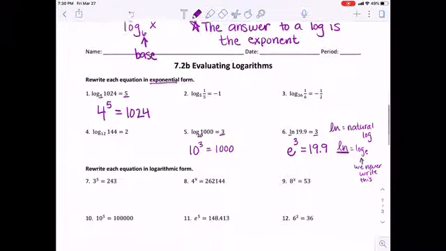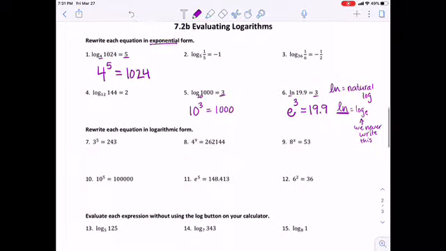In our next section, we've been asked to rewrite the equation in logarithmic form. So, for example, on number 7, I'm going to start by writing my log. My base is the same as the base of the exponent. It's that 3. Now I know that the log equals the exponent, so since my exponent is 5, my log is going to equal 5, and that means that this 243 must go inside the log.